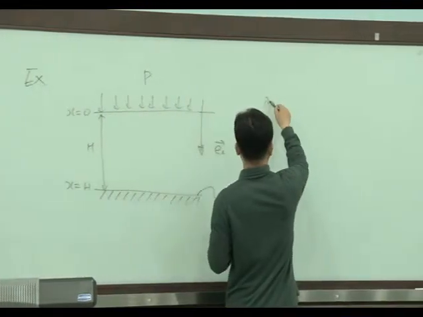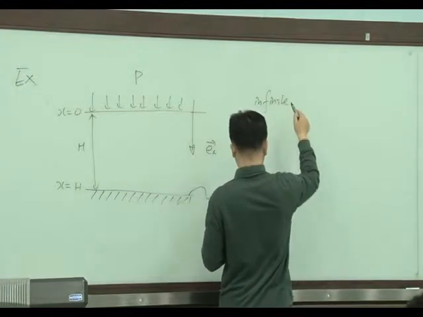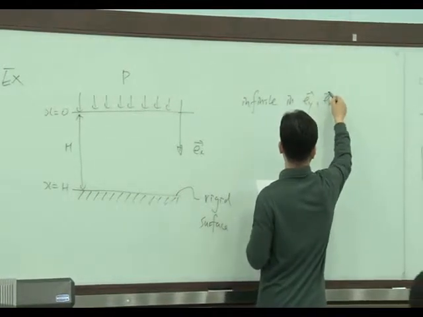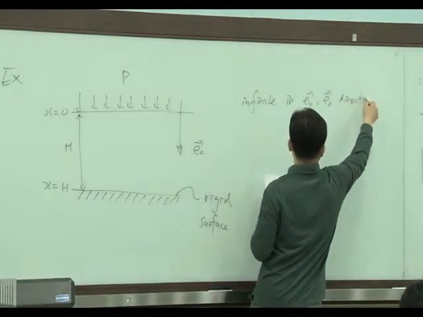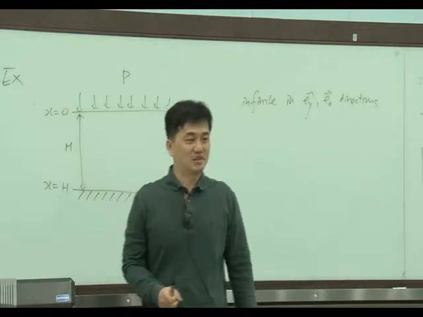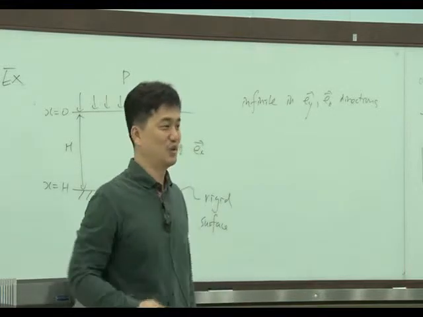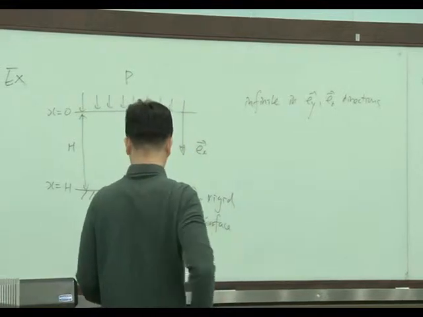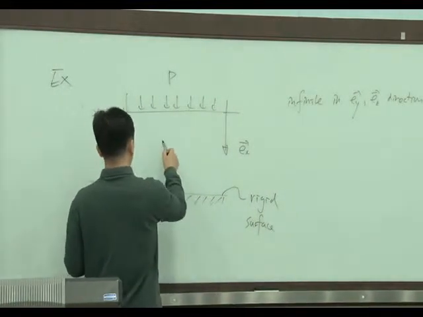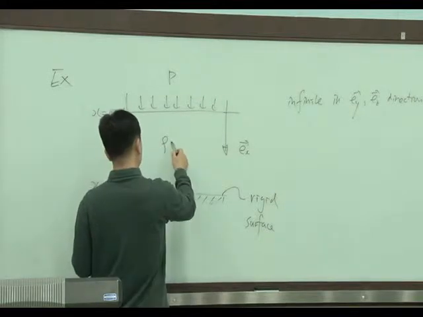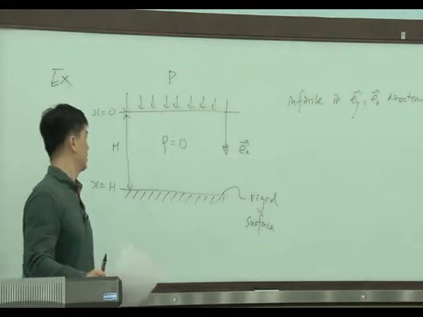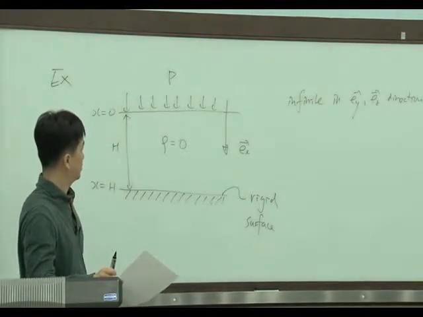So infinite in the EY, EZ directions. If that's not infinite, then the problem becomes very hard to solve. And I'm going to give you one more: density 0. Zero density. So the problem is very simple.